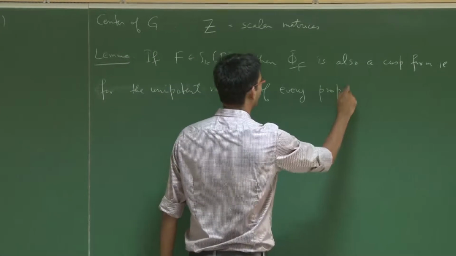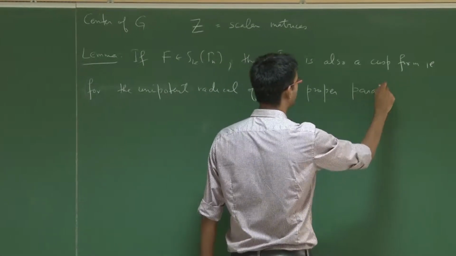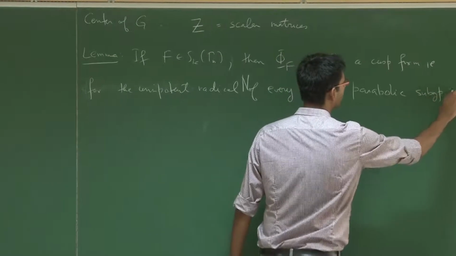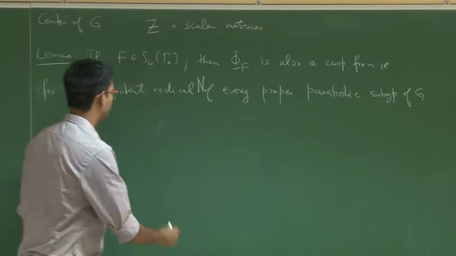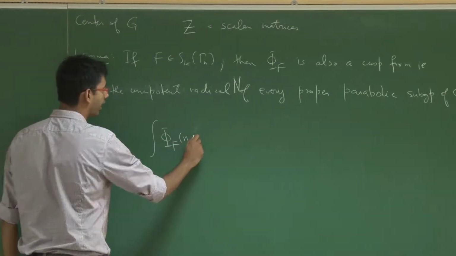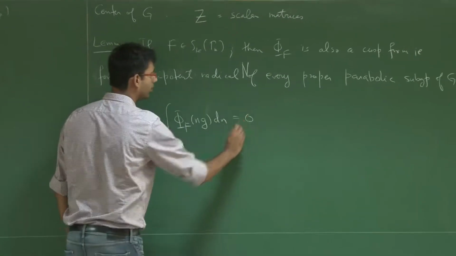I know these are lots of words. I'm going to tell you the genus 2 examples in a second. So for the unipotent radical N of every parabolic subgroup of G, you try to find the constant term. You take the integral of phi f (n g) dn.